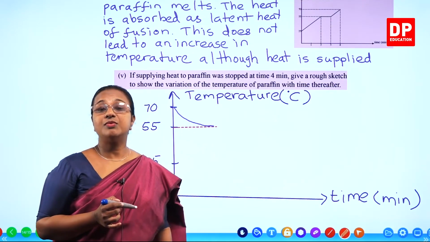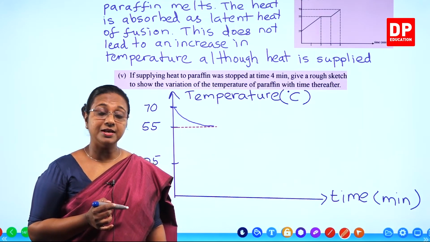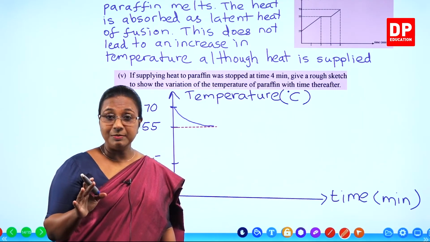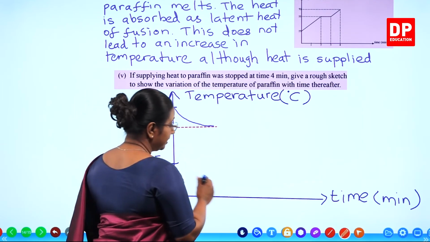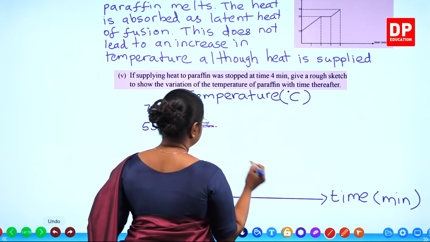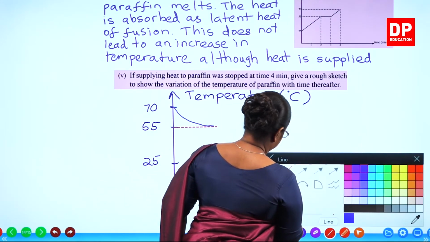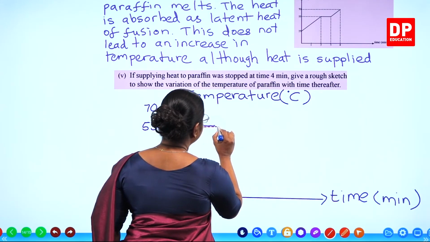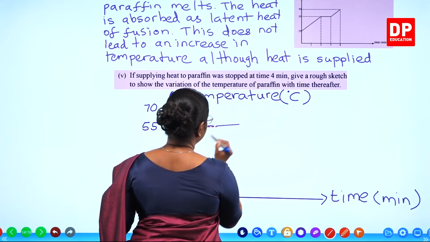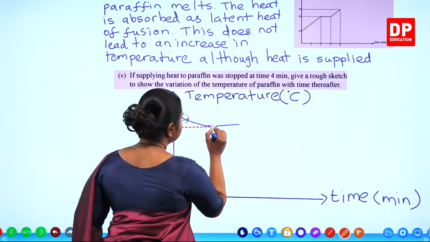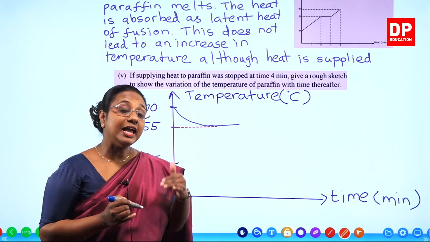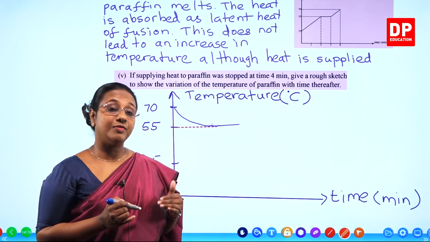And when it reaches 55 degrees Celsius, what will happen? It will solidify. So there the temperature will remain the same for a certain time period. So here there is going to be constant temperature. So initially it cools down, then there is going to be constant temperature. Again, after all the wax solidifies, what will happen?